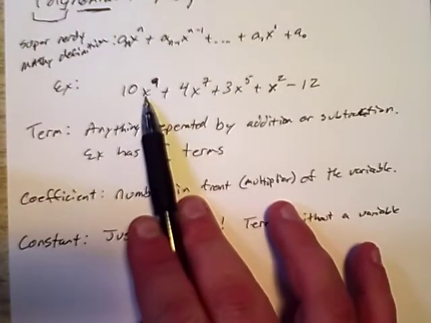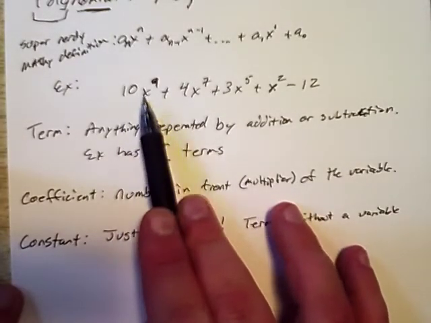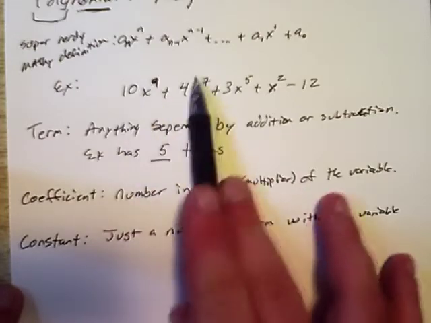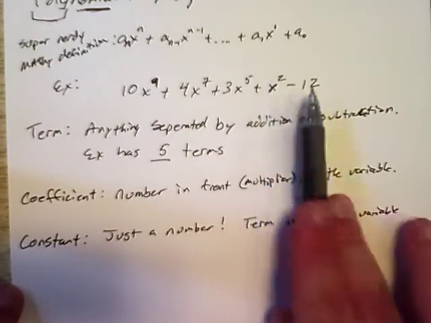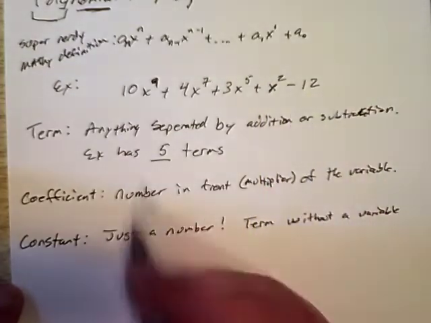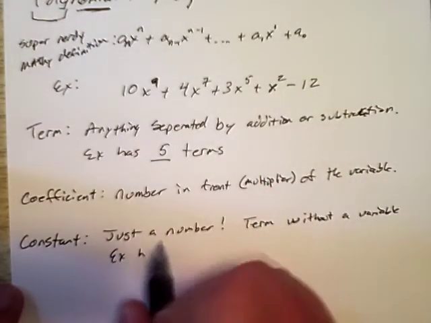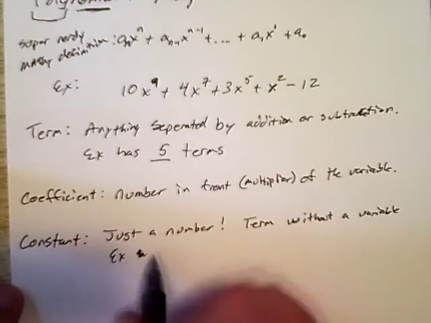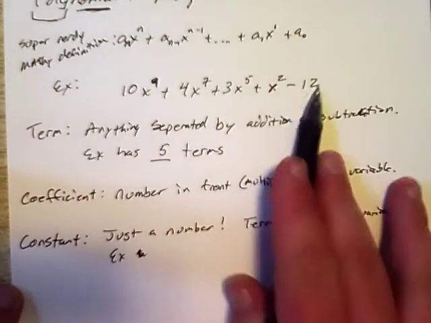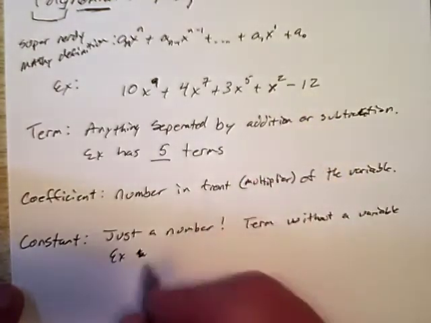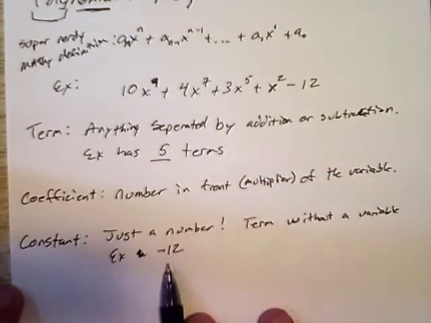What would be the term that does not have the variable? Well, this one has a variable, so that's not it. This one has a variable. That has a variable, x. This one has a variable. Well, that one doesn't. So for our example, the constant is not just 12. We've got to pay attention to the sign. So for the example, negative 12 would be the constant.